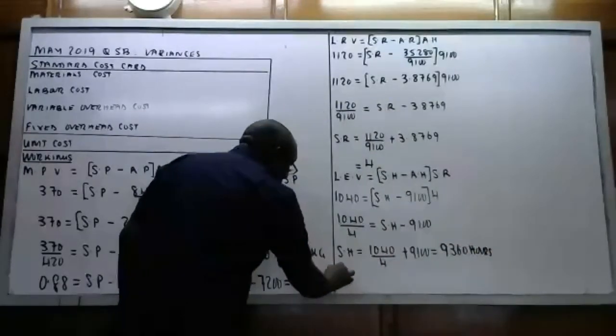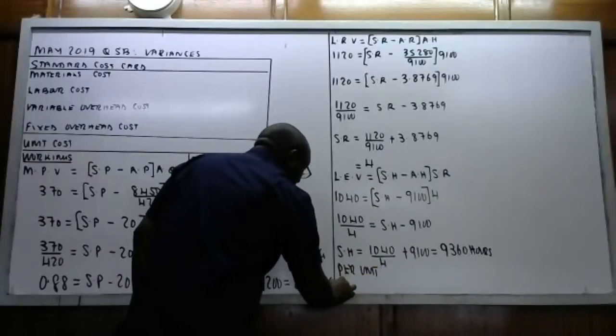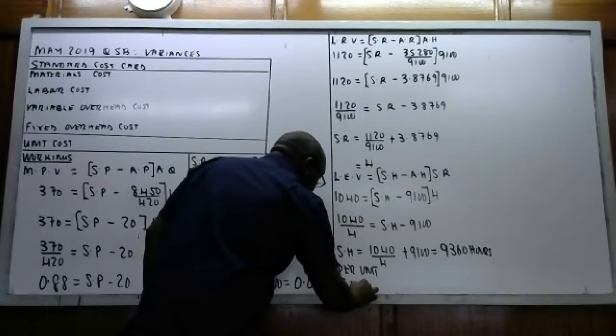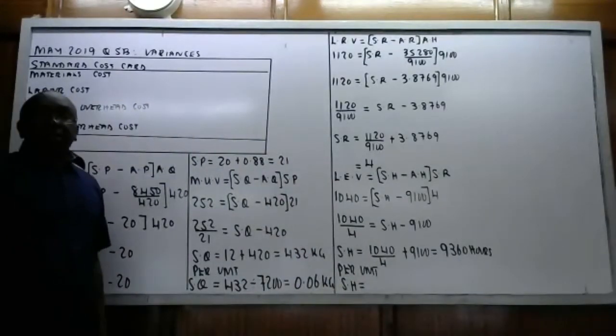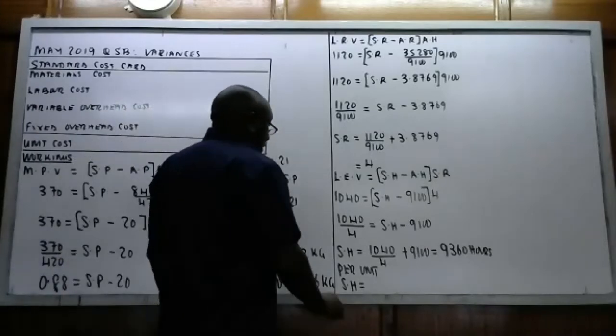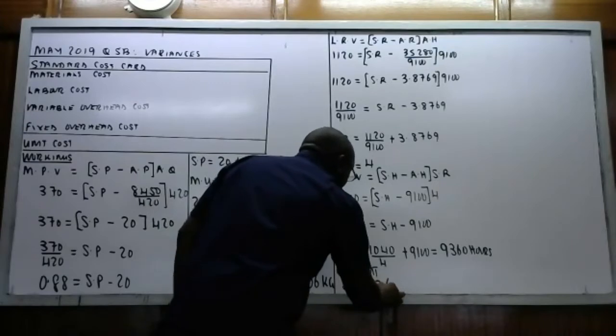So per unit, the standard hours should be 9360.